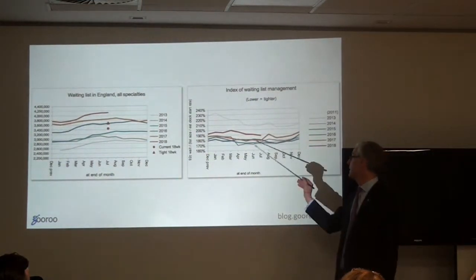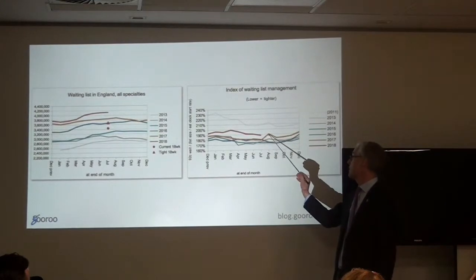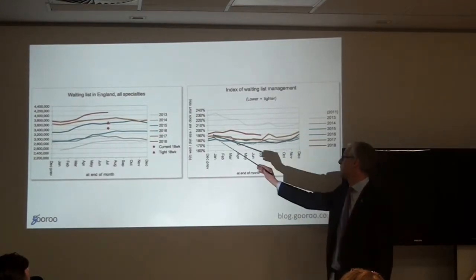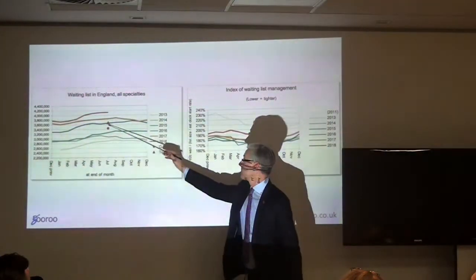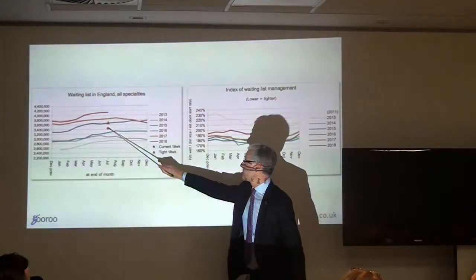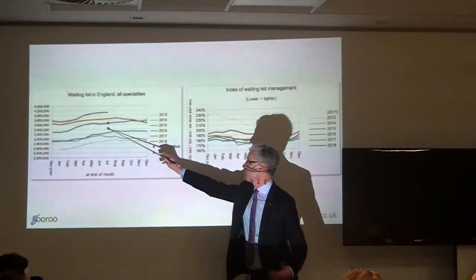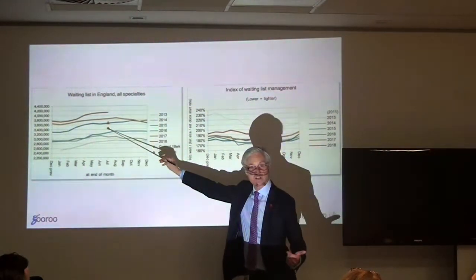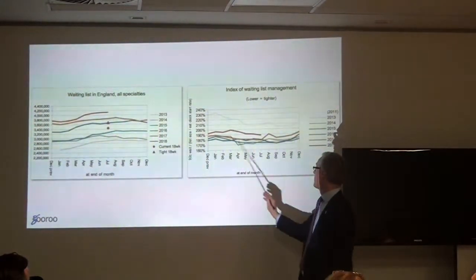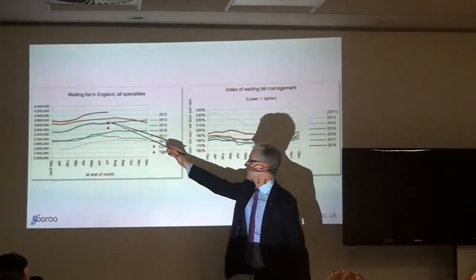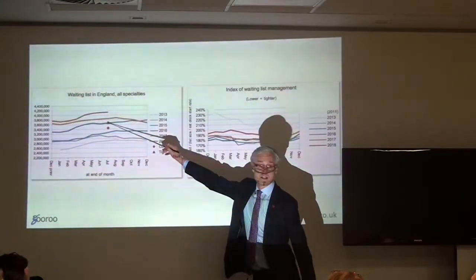Could be, I don't know. Anyway, something happened, it popped up, and it stayed at that higher level ever since. And that's why that one there is where you need to get the list down to achieve 18 weeks with the current index. But if you could get back to the level of the previous years, then you'd only need to get down to there.